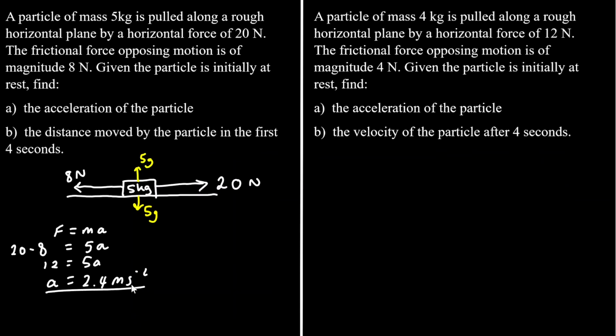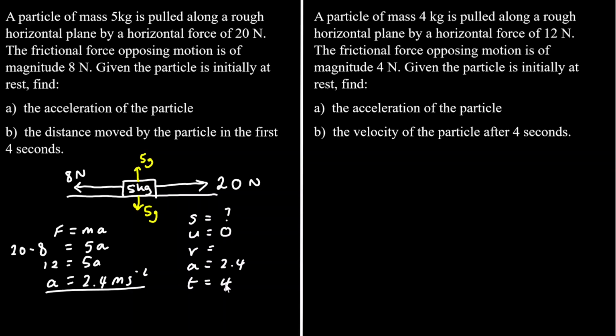Find the distance moved in the first 4 seconds. So now we've got the acceleration, we've now got a SUVAT question. So we're finding the displacement. We know the initial velocity was 0. We don't know the final velocity. We know the acceleration is 2.4 and the time is 4 seconds. So we need the formula linking s, u, a and t.